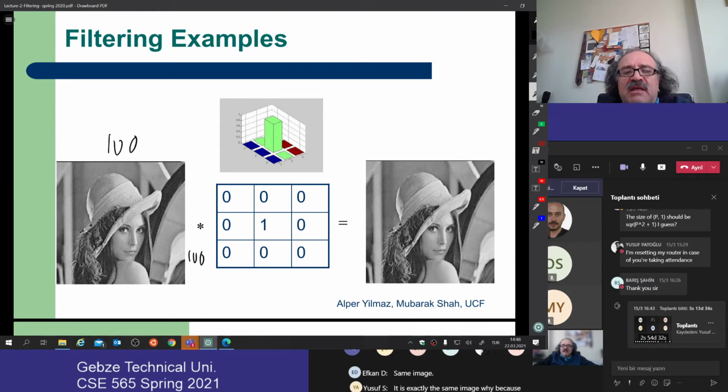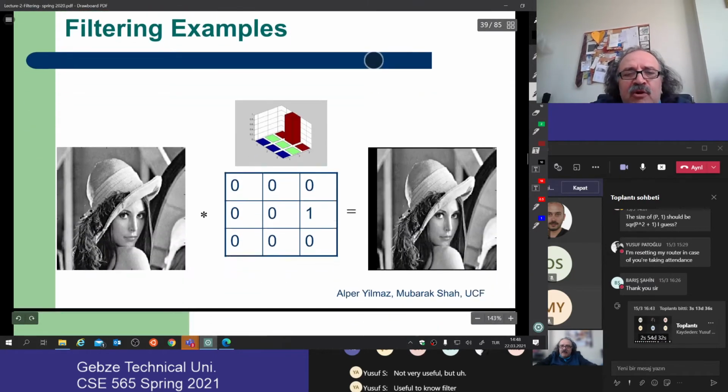Because it is multiplying each pixel by 1, and it is multiplying the neighboring pixels by 0. So it should be exactly the same. It is the same image, right? That's true. So this is not very useful, but useful to know filter.